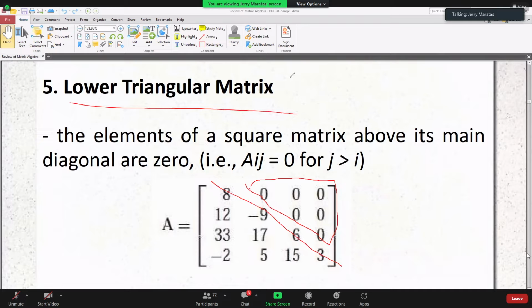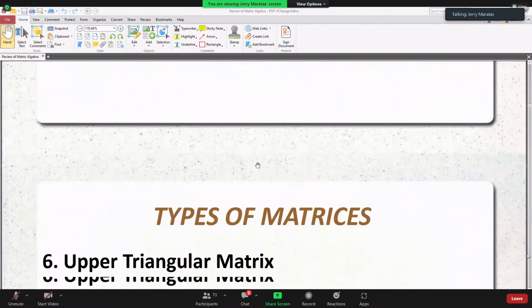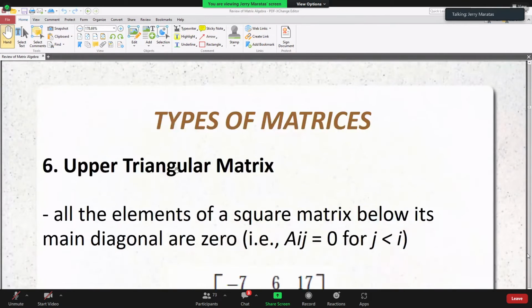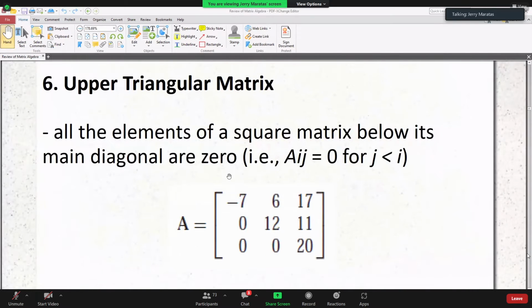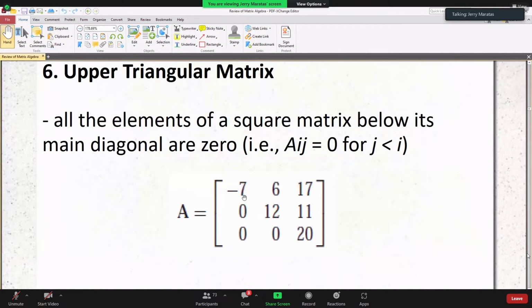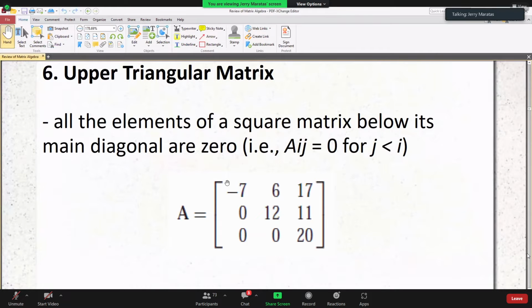Similarly, if the elements below the main diagonal are zero, this is a 3 by 3 matrix, so this is a square matrix. If the elements below the main diagonal are all zeros, then that is an upper triangular matrix. So what's the difference between lower and upper triangular matrices?